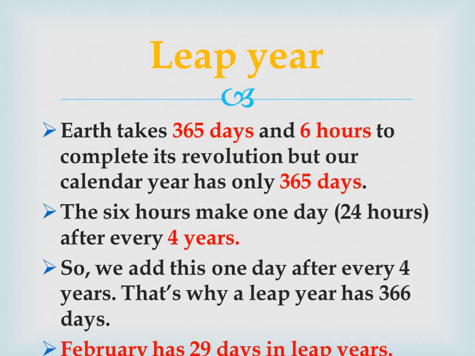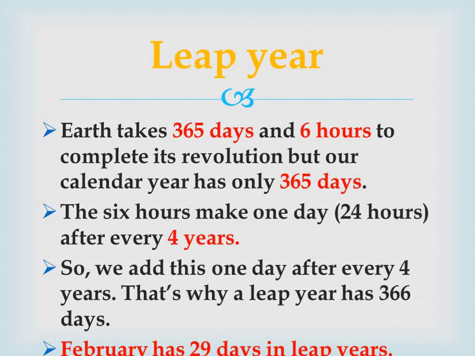How is it formed? As for the 6 hours that we are not adding every year, how do we add that? The 6 hours make 1 day or 24 hours after every 4 years. How? Because if we add 6 four times, 6 fours are 24, it makes 24 hours, and 24 hours means 1 day here on the earth.